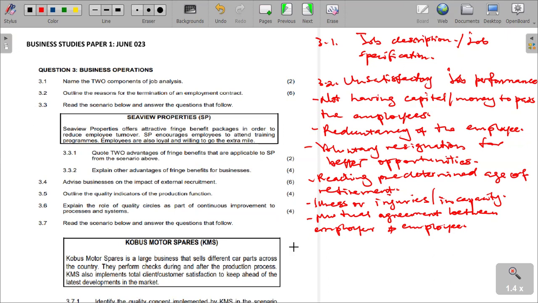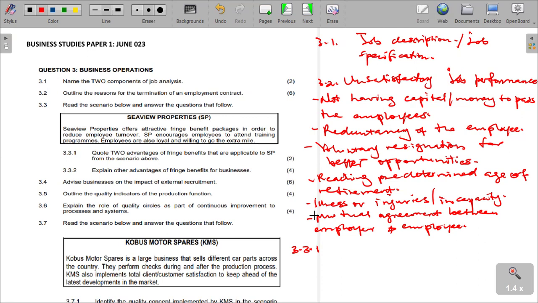3.3.1. What are those other fringe benefits? We are saying it offers attractive fringe benefits packages in order to reduce employee turnover. Any two advantages. When employees are given extra benefits, what advantages are there?